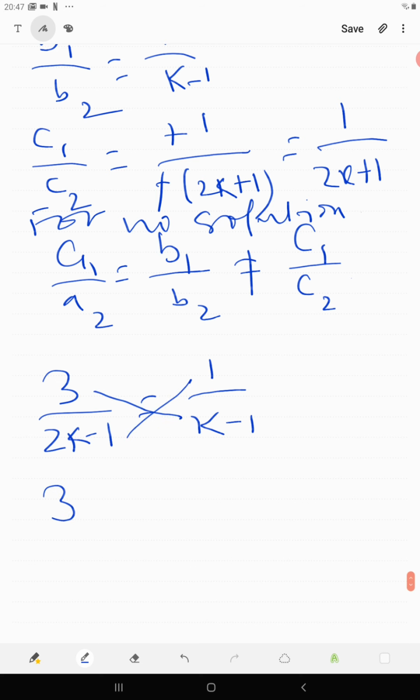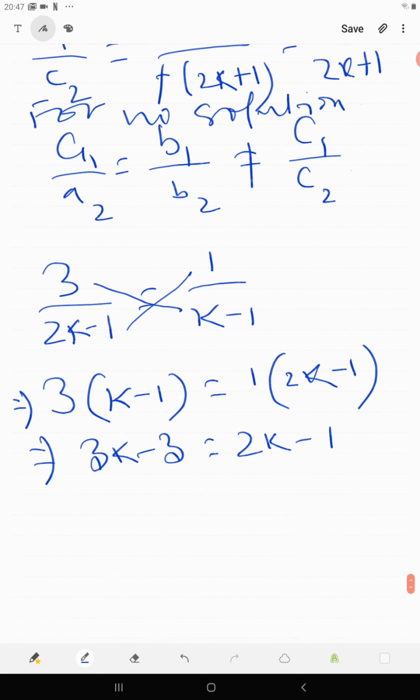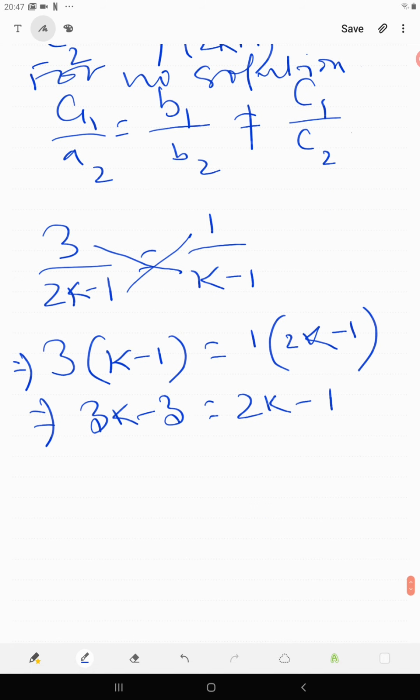I told you. So 3 into k minus 1 equals 1 into 2k minus 1. Okay. So 3k minus 3 equals 2k minus 1. 1 into 2k is 2k and then 1 into minus 1 is minus 1. Here 3 into k is 3k and 3 into minus 1 is minus 3.